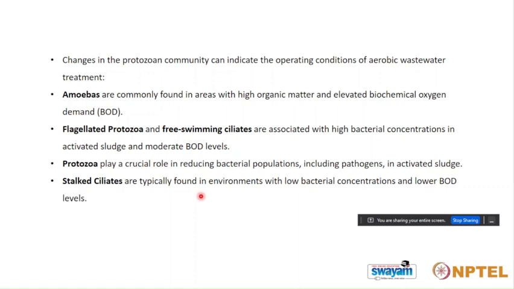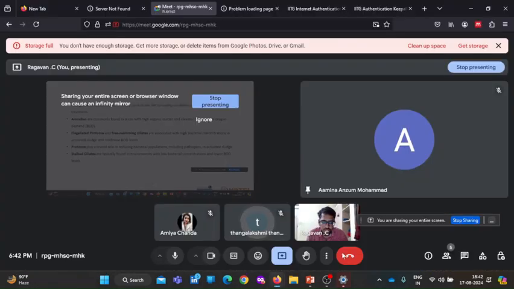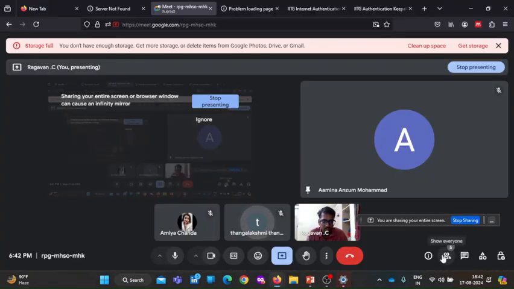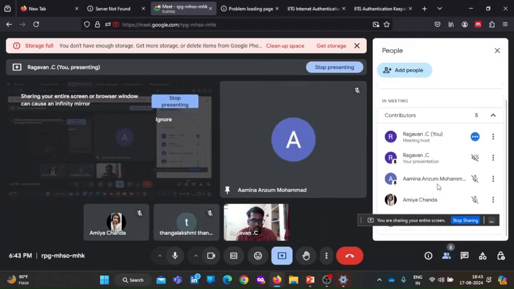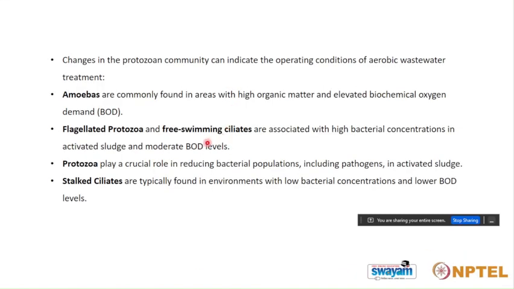If flagellated protozoa and free swimming ciliates are present in a particular water matrix, we can correlate that with the presence of high bacterial communities.